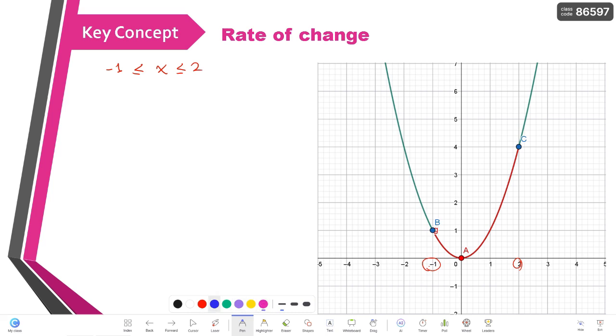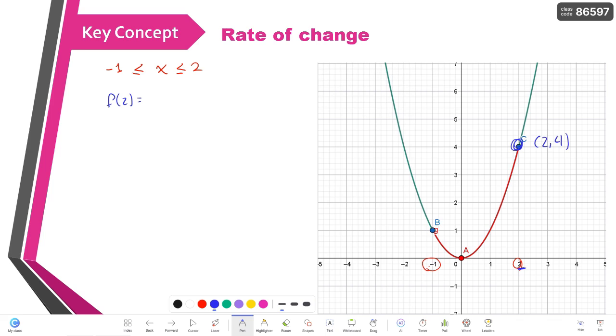To find the rate of change between two values, we need to find the value of each one from the graph. For example, first I need to find f of 2. You need to go up until you reach this point, which is C, and you can notice that this point is (2, 4).